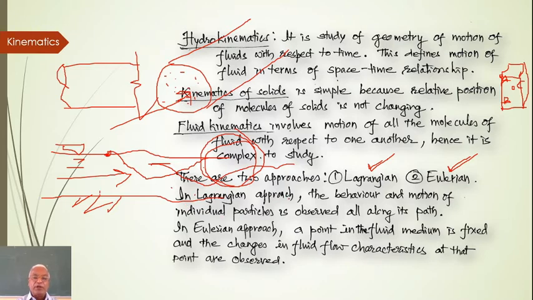In the Lagrangian approach, the behavior and motion of individual particles is observed all along its path. Suppose I take a molecule of the flow over here, and as if you have to sit on it and go along with it and then see the changes: whether the velocity is increasing, decreasing, going up or down, what is the trajectory that is followed, right?